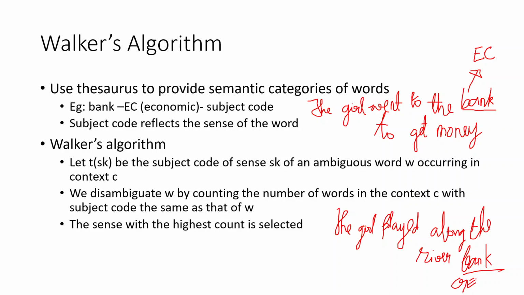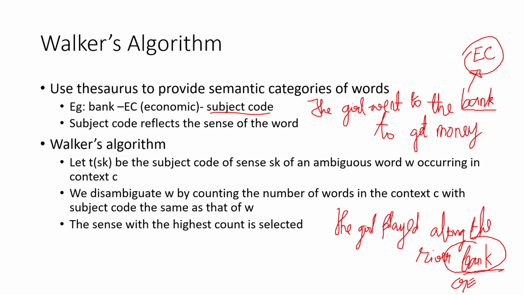Now, according to the thesaurus, each of these words has a particular category to which it is assigned. That is, a subject code is assigned to it. And what Walker's algorithm does is it tries to find from this context the number of words which belong to this particular category. Okay, and also the number of words which belong to, say, the GE category.